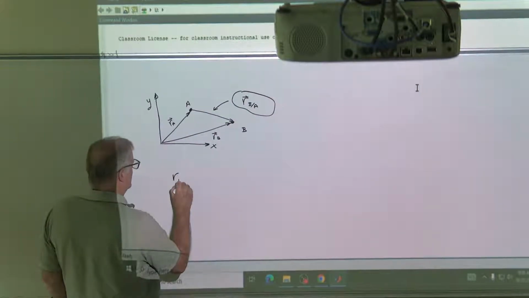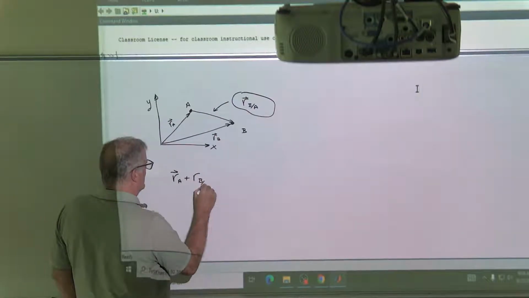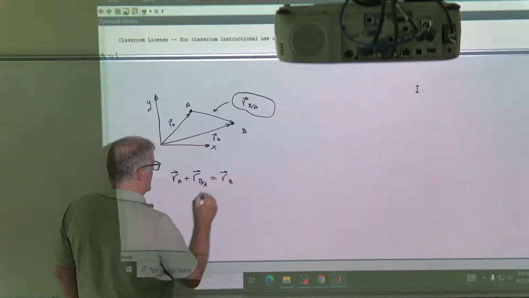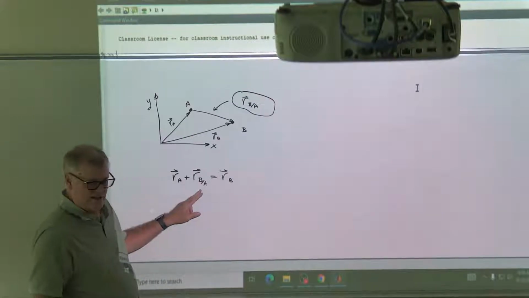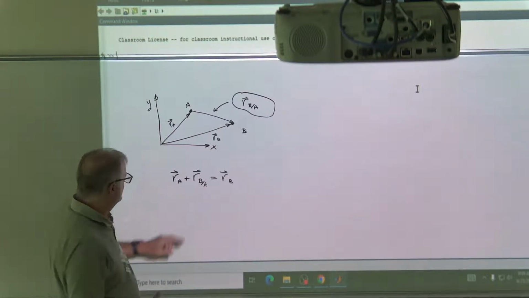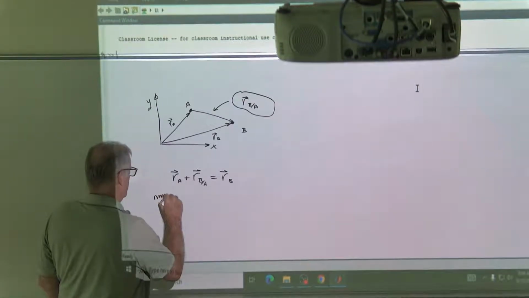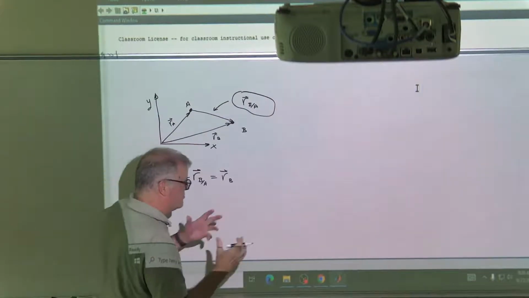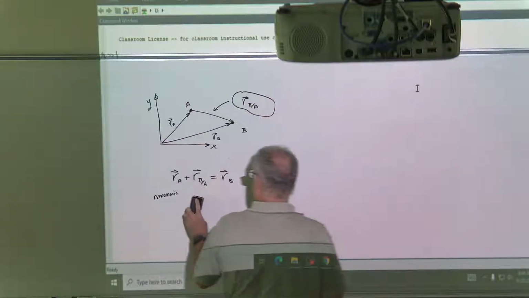So if you write this RA plus R like this, it is equal to RB. Now, I think the reason he does this is that if you look at the subscripts, there's a nice little mnemonic or accounting thing to keep up with that.